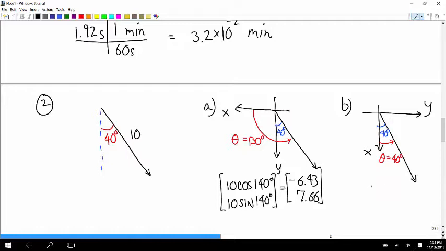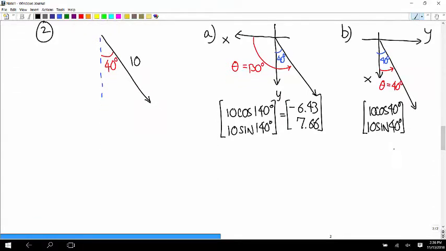And for the second one, it's 10 times cosine and sine of 40 degrees. And that is 7.66, 6.43. Yes, sorry.